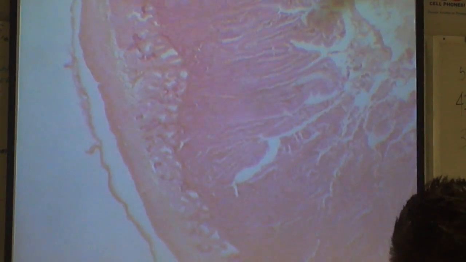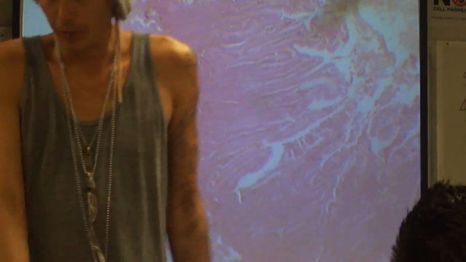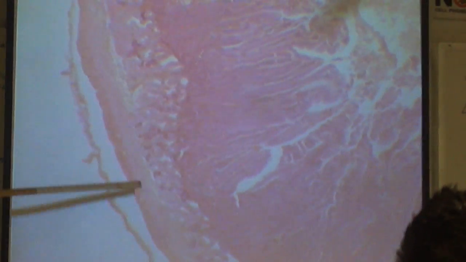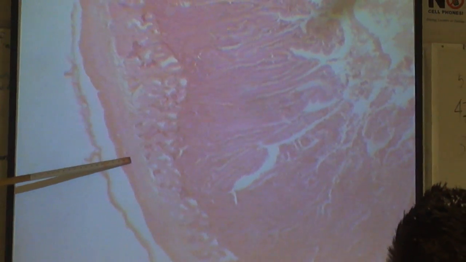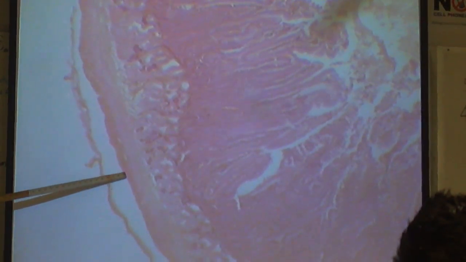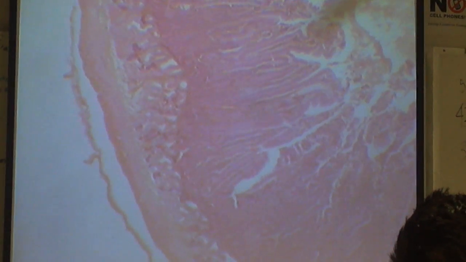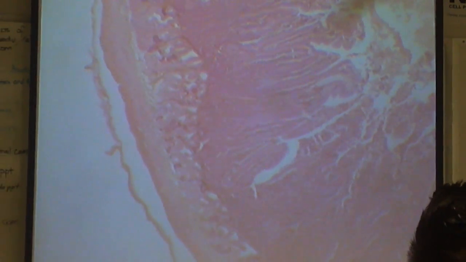But if you recognize what they are, then the answer to the question will be easy. It's a duodenum. And then out here, we've got two layers of muscle. A circular layer here, and a longitudinal layer there. And under a higher magnification, you'll be able to see very clearly how they look, how they divide. So that's low power. Let's look at medium power here.